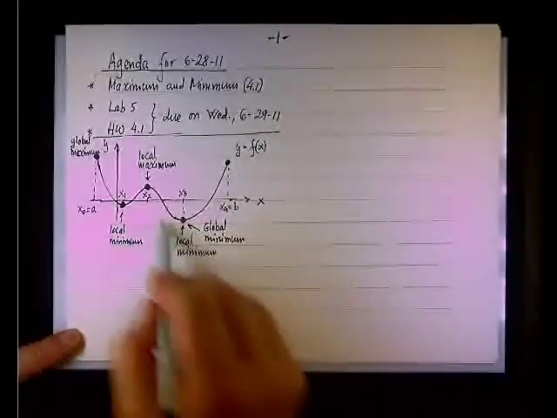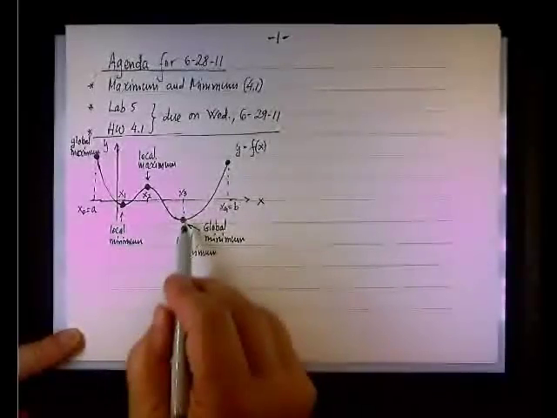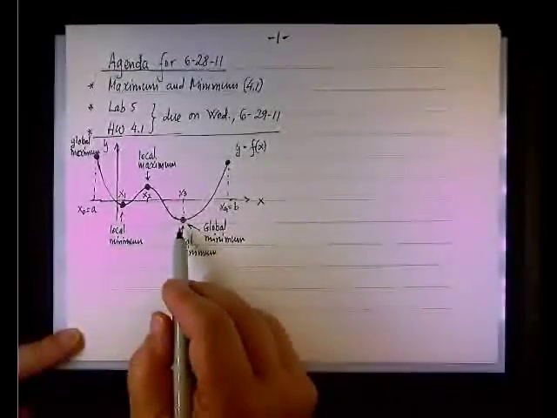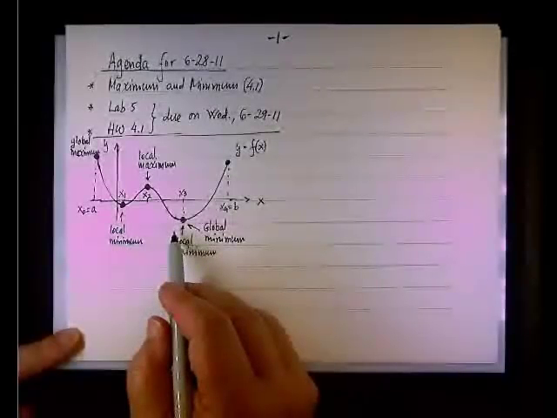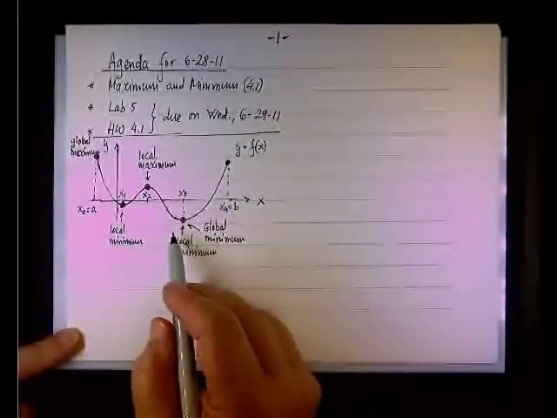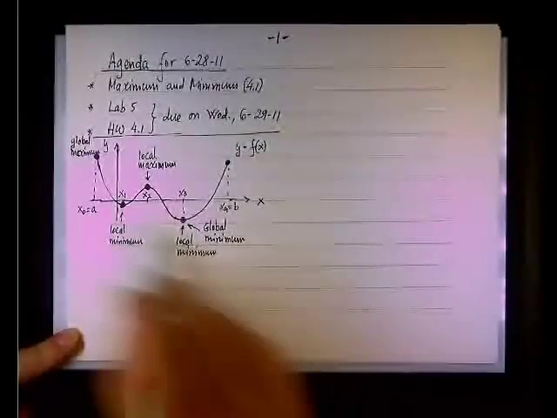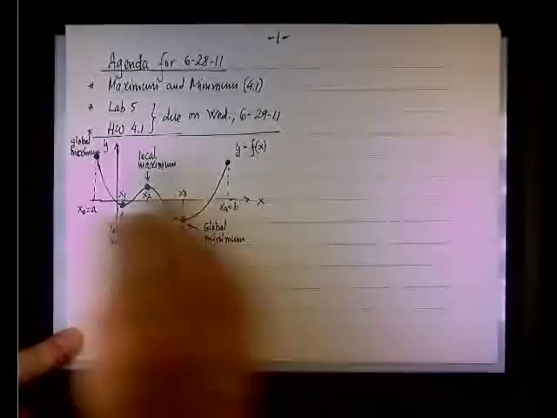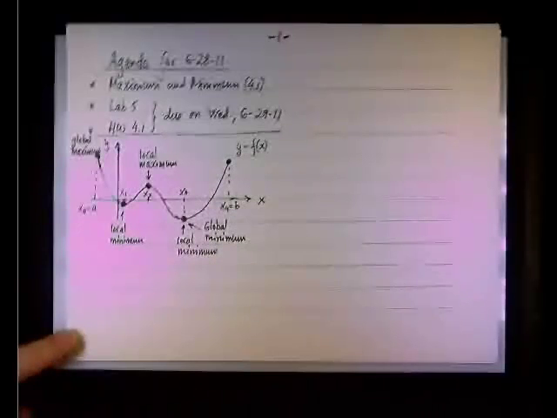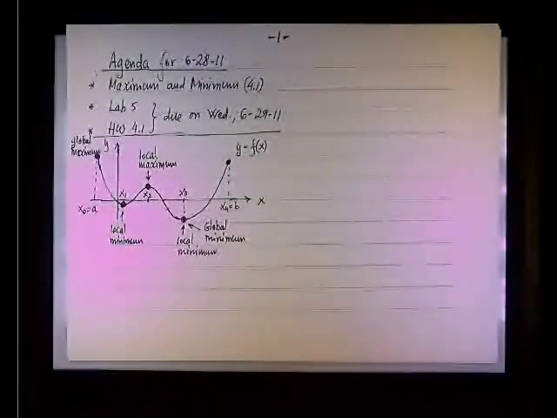It's local because in the vicinity of x sub 3 there is no lower value of y than the one that corresponds to x sub 3. But it's also the lowest point on the whole domain from a to b. So it's both a local and global minimum.